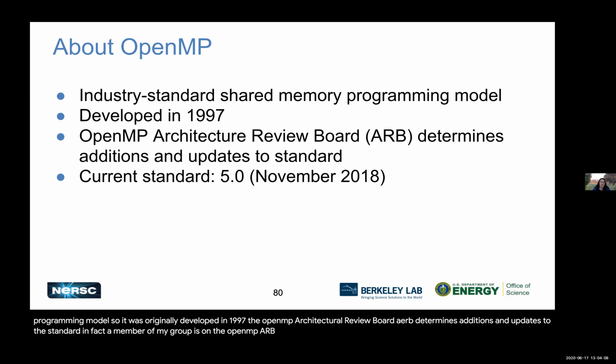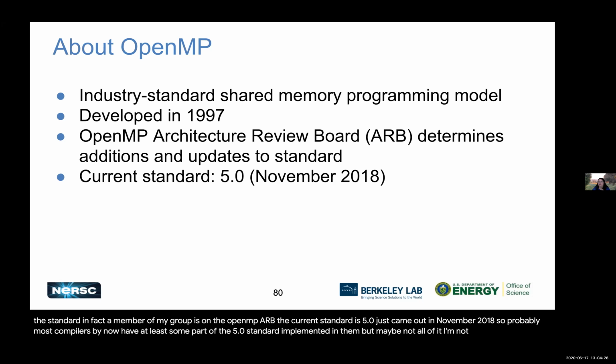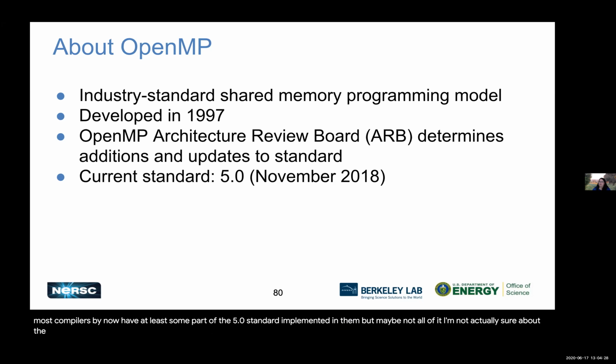The current standard is 5.0, just came out in November 2018. So probably most compilers by now have at least some part of the 5.0 standard implemented in them, but maybe not all of it. I'm not actually sure about the status there.